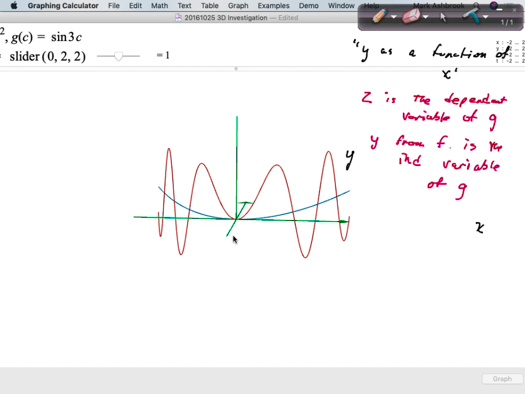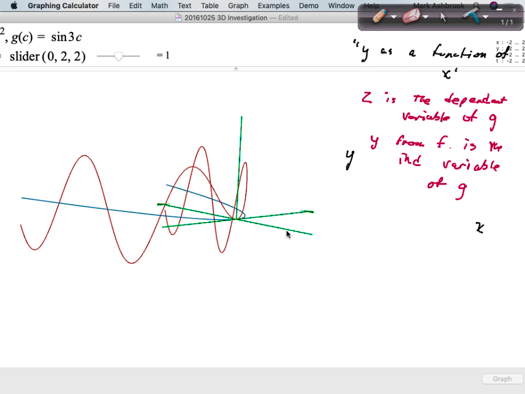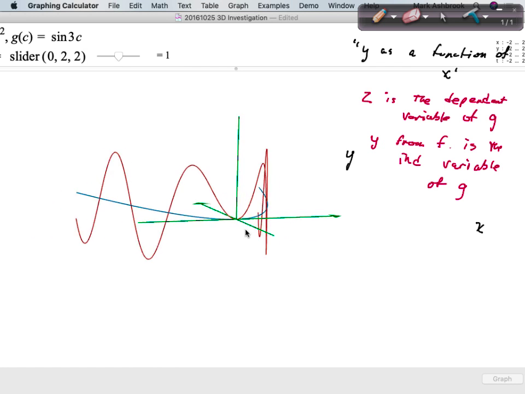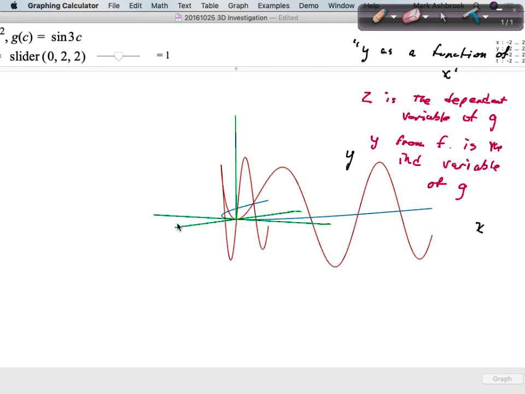So y is always positive, so the value of the sine is never going to go below. But it does go below. So you're on the right track.